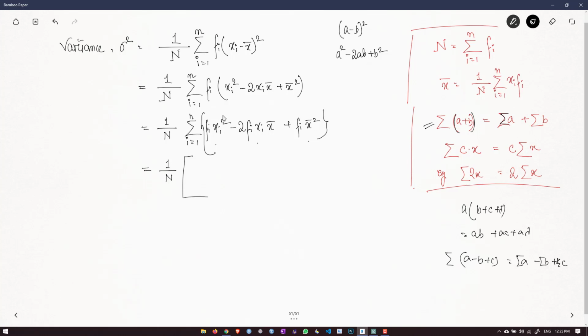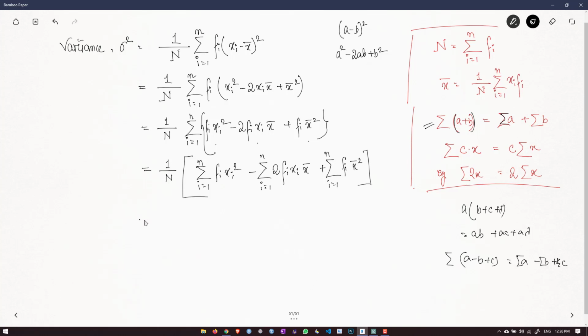So the same thing we will do here. So summation i goes from 1 to n fi xi square. The next will be minus summation i goes from 1 to n 2 times fi xi x bar. And the last term will be plus summation i goes from 1 to n fi x bar square.